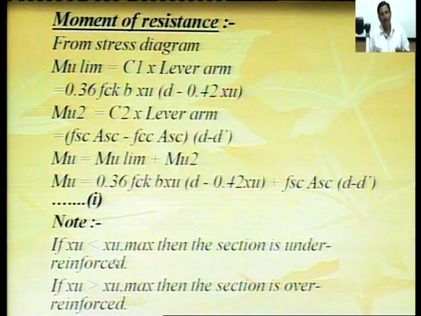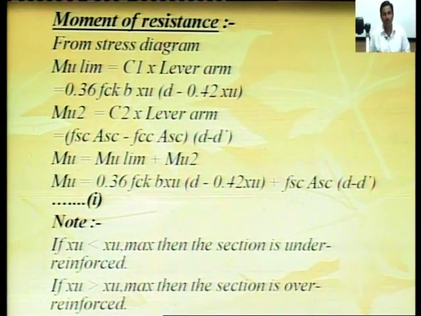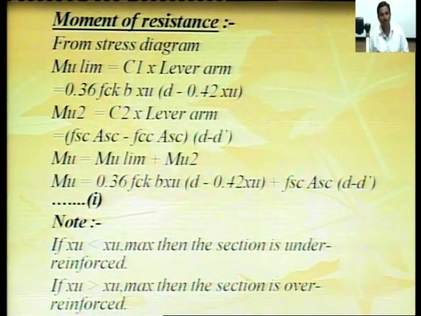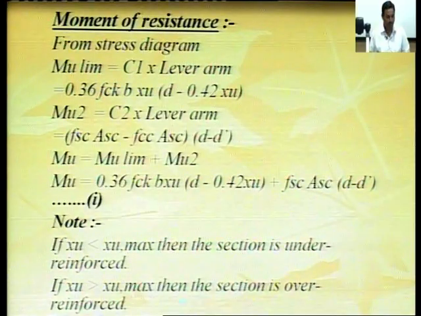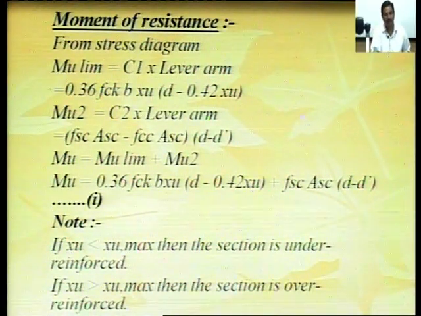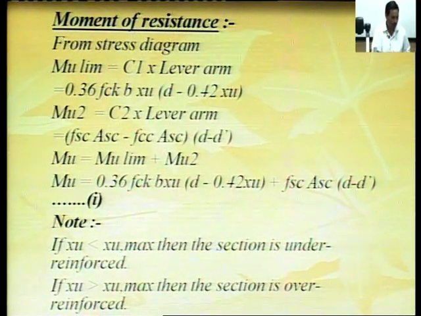Like a singly reinforced beam section, in a doubly reinforced beam section there are three types of beam section: under reinforced beam section, over reinforced beam section, and balanced or economical beam section. The first type is the balanced beam section.